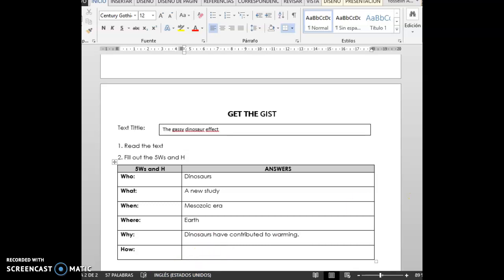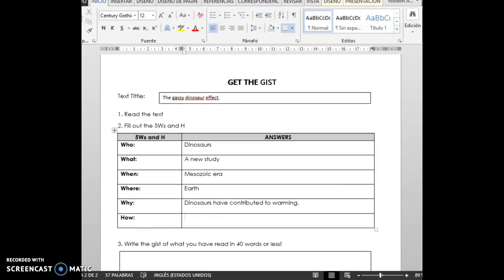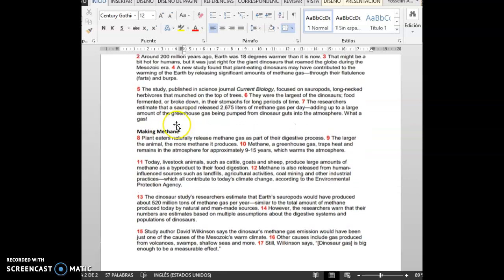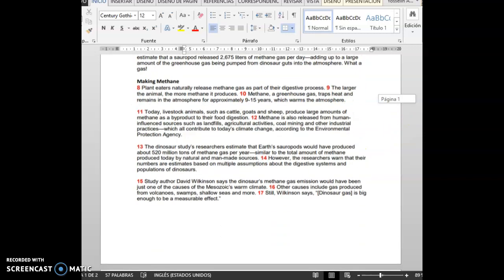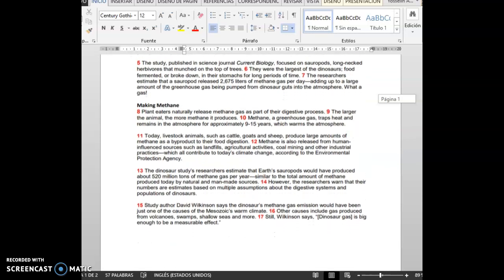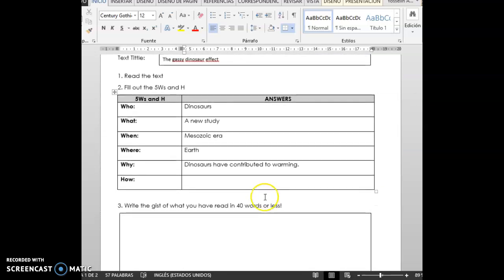Good. And how did this happen? Okay, I know now the dinosaurs have contributed to warming, but how is this possible? Let's find out. Over here we have a heading, a subheading, making methane. It says plant eaters naturally release methane gas as part of their digestive process. So this is basically the answer for how this happened.